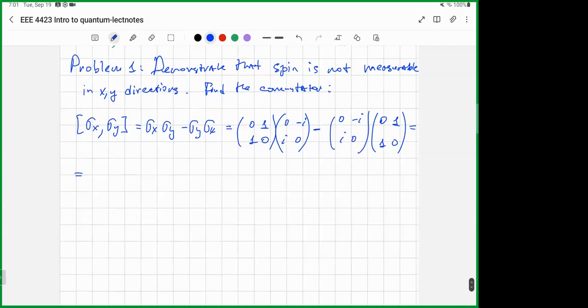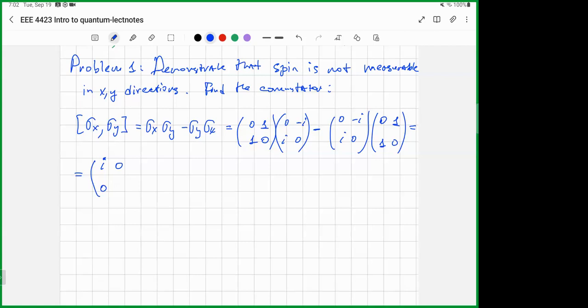Okay, so the product of the first two is going to give us another matrix, row by column. 0 times 0 is 0, 1 times I is I, so it's I, the first element. The second, 0 times minus I, 0, 1 times 0 is 0, so it is 0. Next, 1 times 0, 0 times minus I is 0.